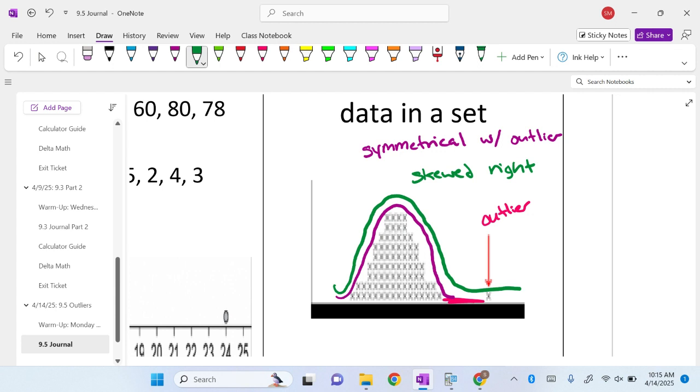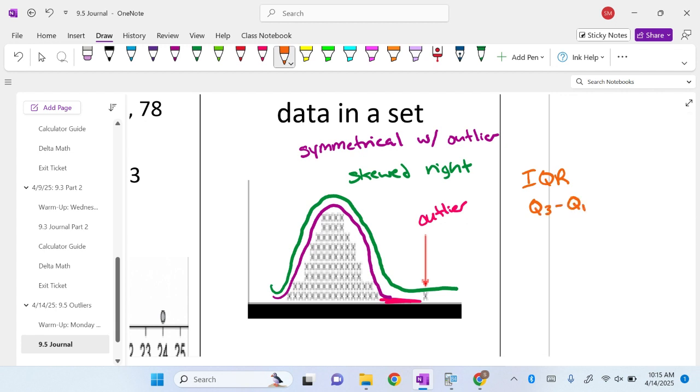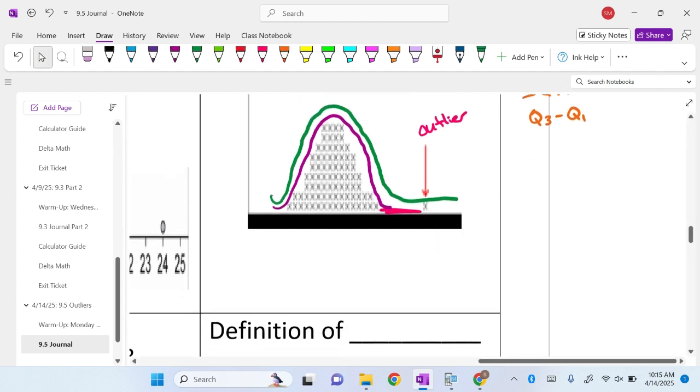Sometimes the outliers are obvious, other times they're not. So there is a way that you can tell where the outliers will be, and we can do that using the IQR. Remember, IQR is your Q3 minus your Q1. IQR, or interquartile range, is part of the formulas that we can use to find where your outliers fall.